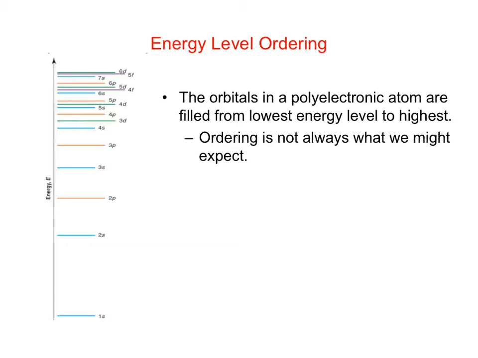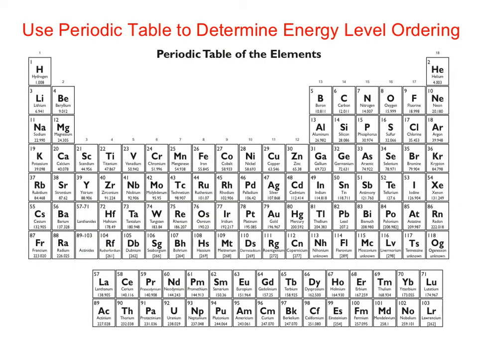We want to be aware of the ordering of the energies of the orbitals when we're filling them up and when we're drawing orbital energy diagrams. Things can get complicated as we get in this region and the energies of the orbitals get close together. But as we talked about in that electron configuration video, the periodic table tells us what the ordering is.